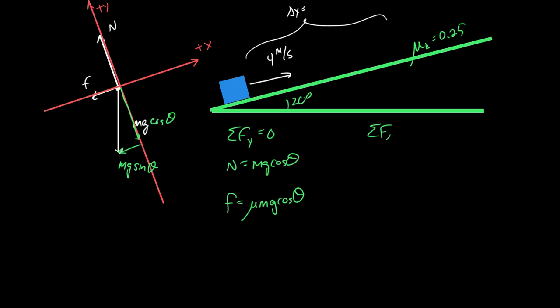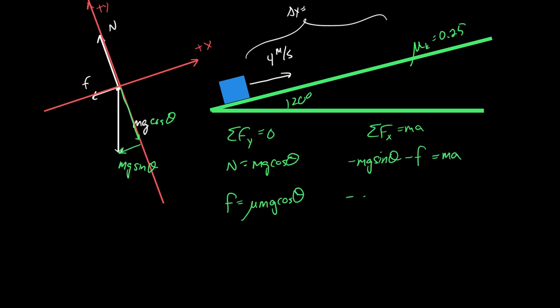Net force in the x direction equals ma: minus mg sine theta minus friction equals ma, because mg sine theta and friction are in the same direction. All good so far? All right.